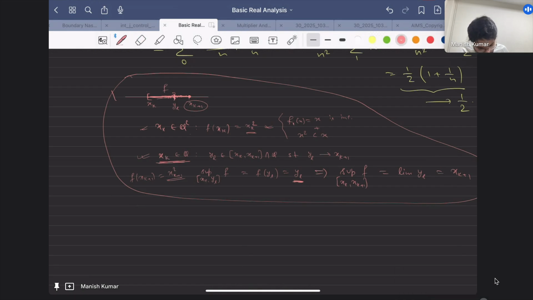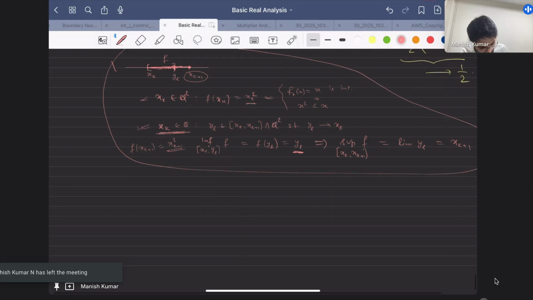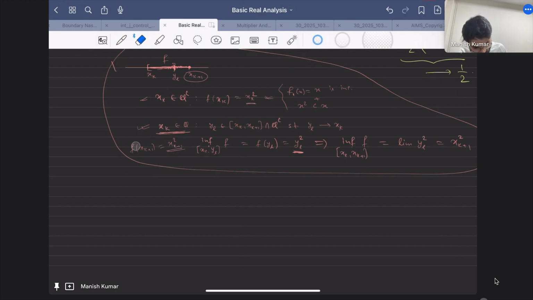Okay, and in this case we'll take a sequence yl converging to xk, and then the infimum would be achieved at f of yl. So yl is a sequence in the irrationals. F of yl would be yl square, and the infimum of f over this would be the limit of yl square, which is xk plus 1 square.